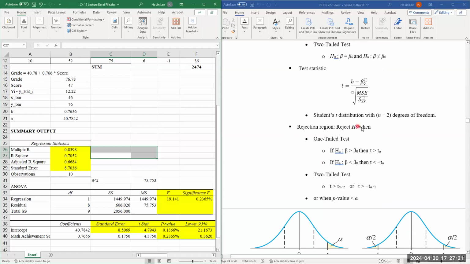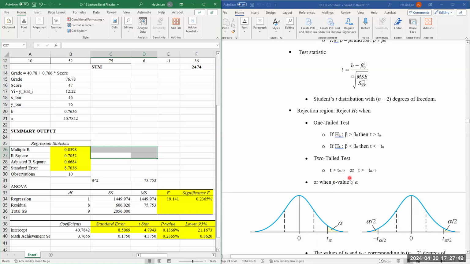You reject H naught, in the one-tailed test, if T is greater than T of alpha, so the test statistic you calculate is more extreme than the critical value T of alpha, or, being negative, is further from 0 and less than minus T of alpha.